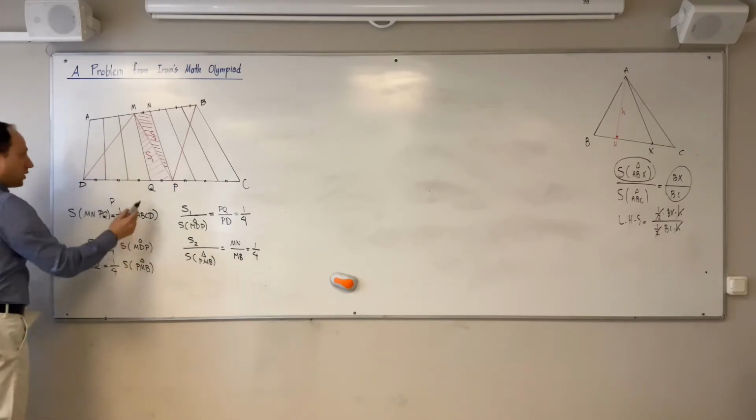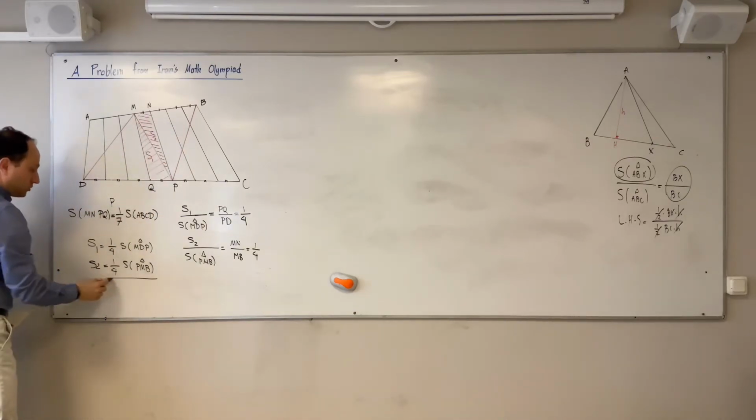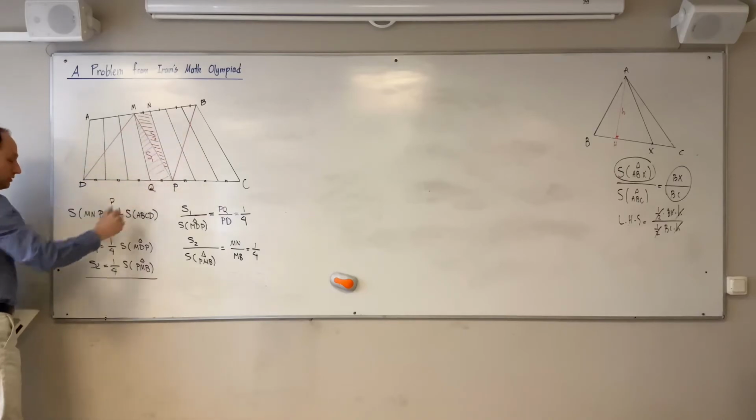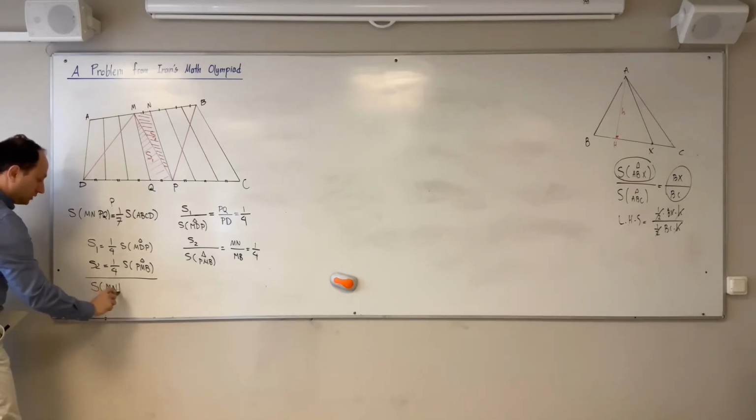Now, because I want to say something about the total surface area, it motivates me to add them side by side. So S1 plus S2 becomes exactly the surface area of the quadrilateral that I was looking for, MNPQ.